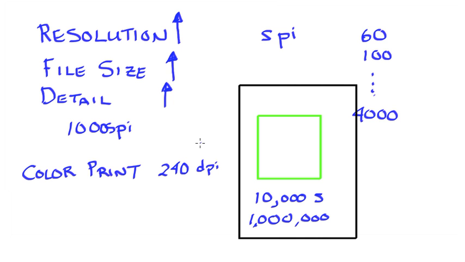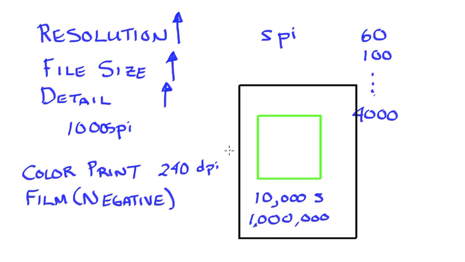Other kinds of copy may be very, very appropriate to have it at some higher setting. For example, if you are scanning film, and by film I mean negatives, negatives do have a tremendous amount of detail. They are intended to be enlarged.